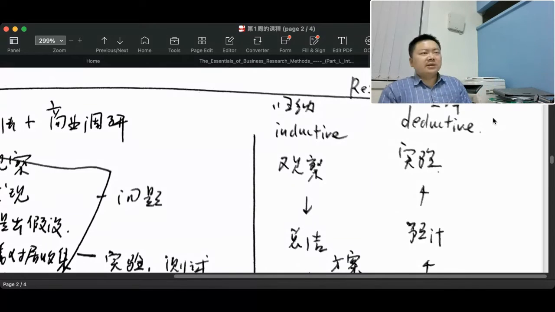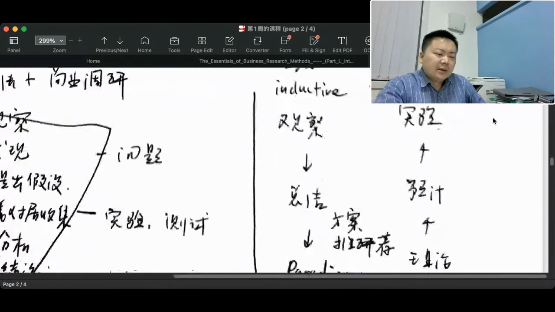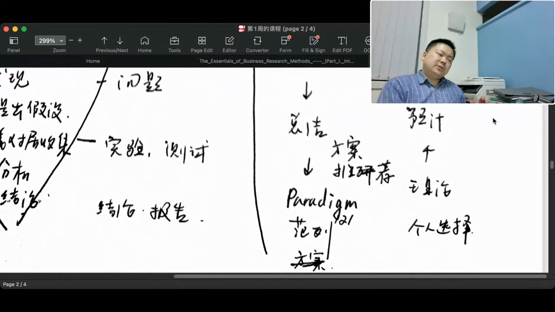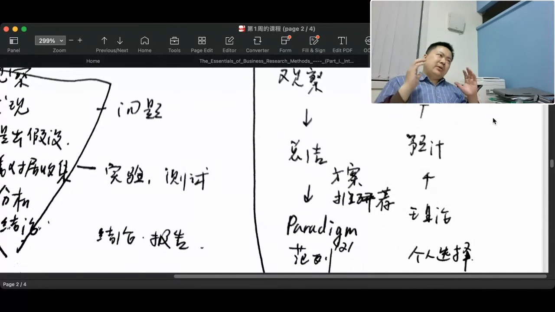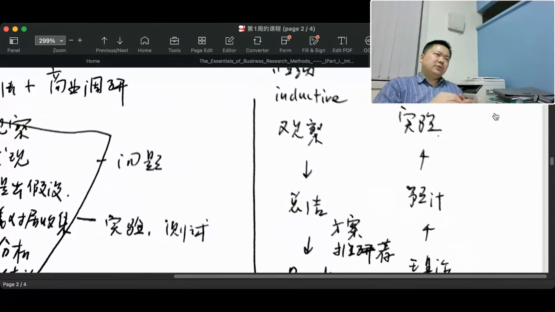The other way is deductive. Deductive is like deduction, like deducting a number from another number. So the teacher said, you have a theory, then the theory is validated, you estimate it, you experiment.